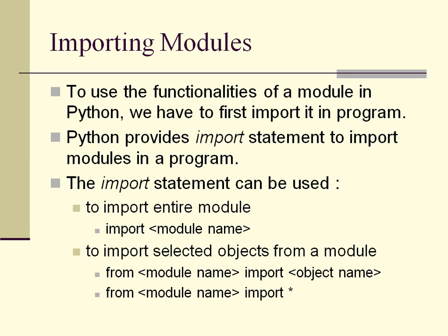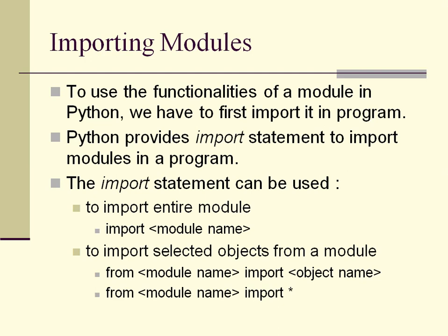You have used it, and these import commands are at the beginning of the program. But if you do not want to import the entire module because it will add to the size of the program, you will just name those objects that you want to import. There are two ways. You write from the name of the module, then import the names of the objects.